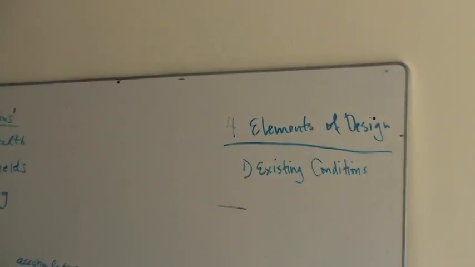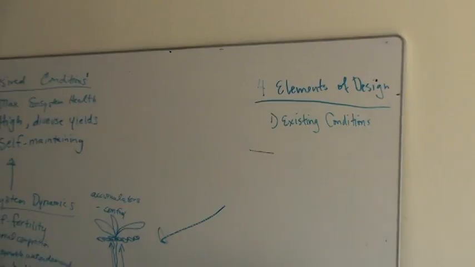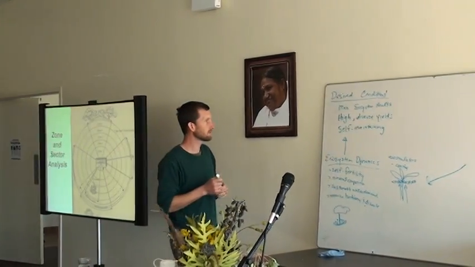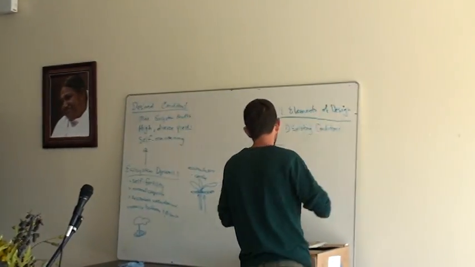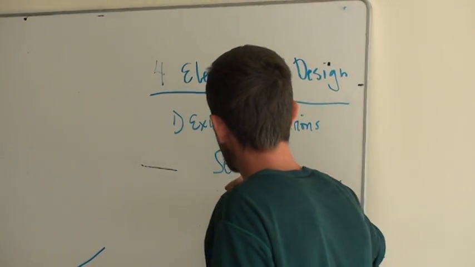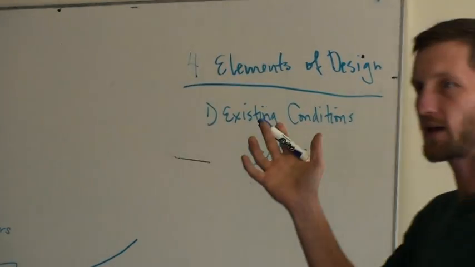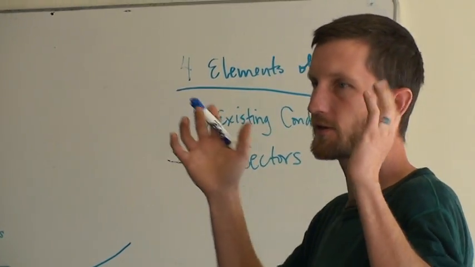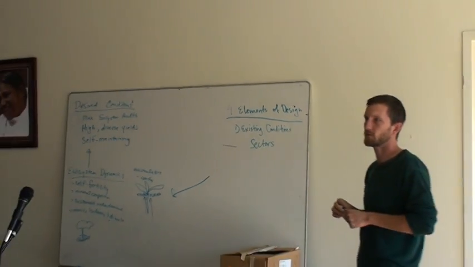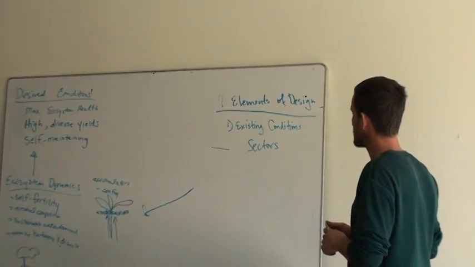An example of how to assess the existing conditions is what's called sector analysis. Sector analysis generally is looking at energies that are coming from outside the site, energies that are entering the site that you don't really have the ability, for the most part, to control, but that you have to take into account to make a good design.